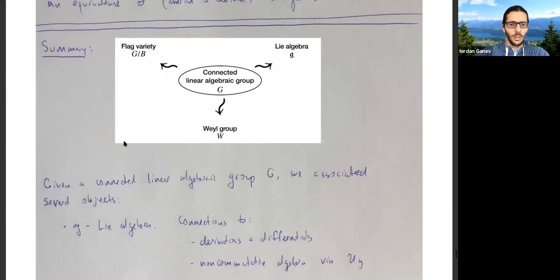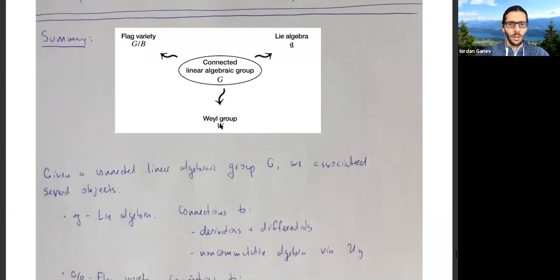Then towards the end we defined the Weyl group, and in particular its reflection representation and the connection to root systems and root data and so on. I only really defined the Weyl group for reductive groups, but I mentioned that there's this general definition: the normalizer of a torus modulo the centralizer.